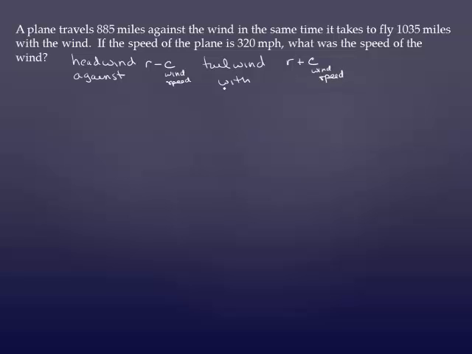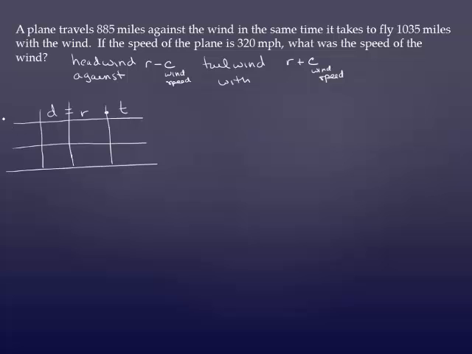So we have a plane traveling 885 miles against the wind in the same time it takes to fly 1,035 miles with the wind. Okay, so I know, again, that I need to do a table where I have distance is equal to rate times time. And then I'm going to have against and with.